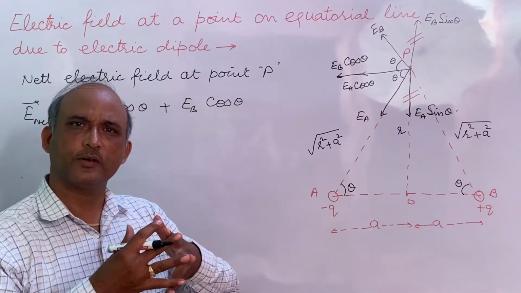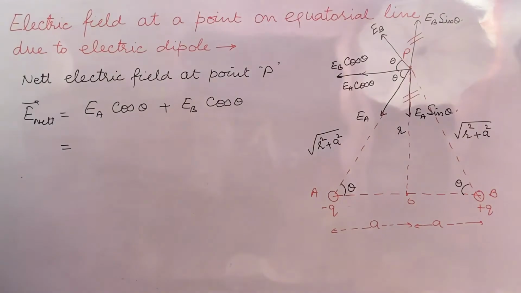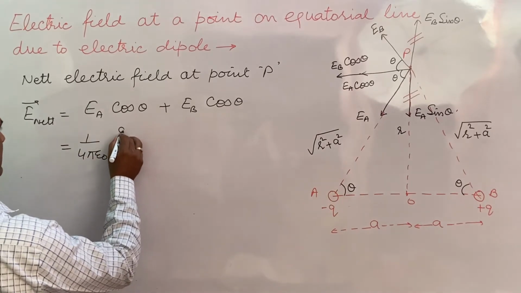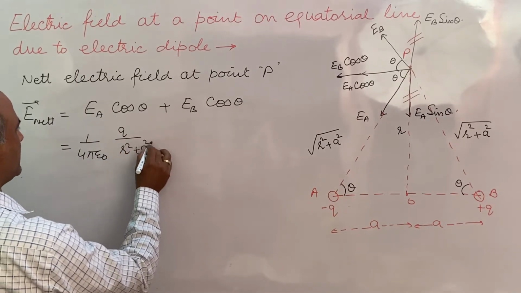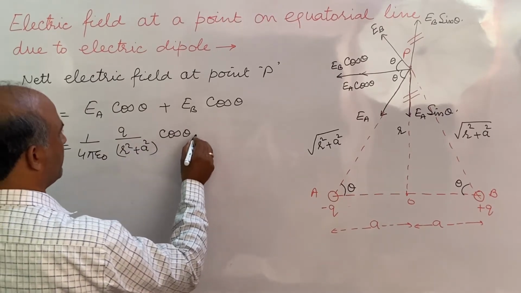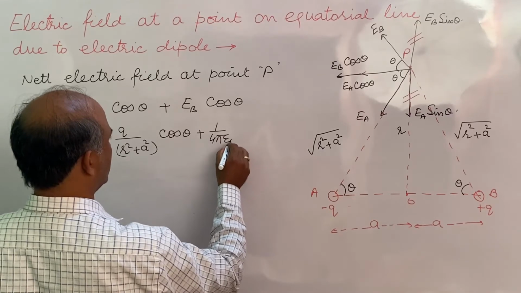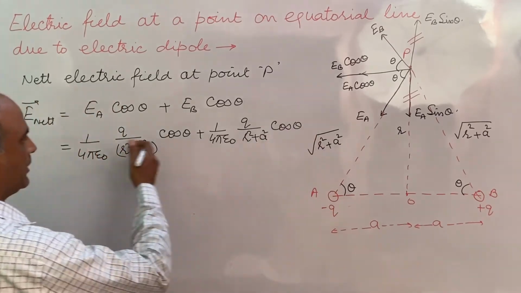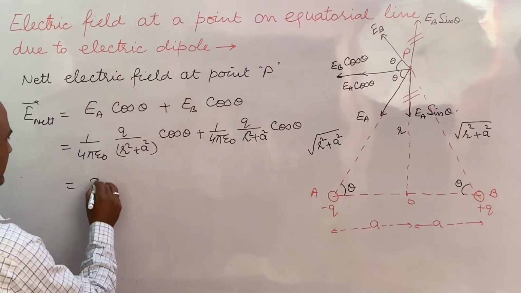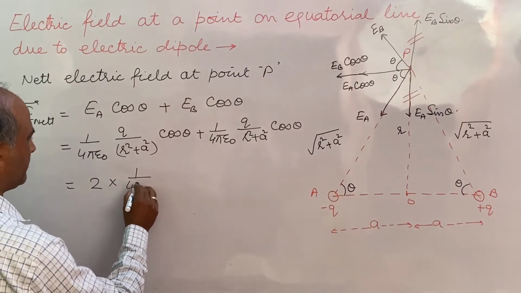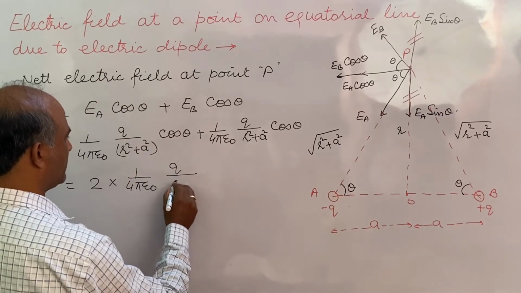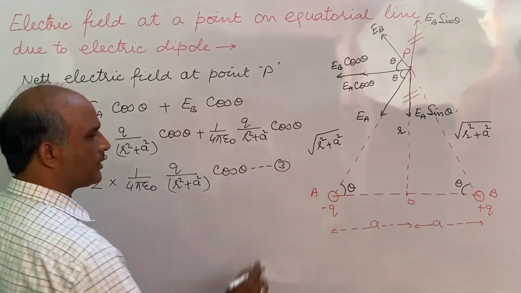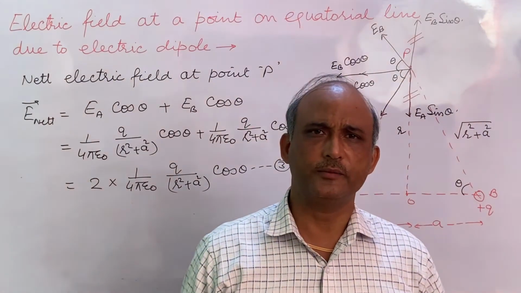On putting the values of EA and EB, we get 1 upon 4 pi epsilon naught Q upon r square plus a square cos theta plus similarly the other, so twice of 1 upon 4 pi epsilon naught Q upon r square plus a square cos theta. Equation number 3. Is it clear?